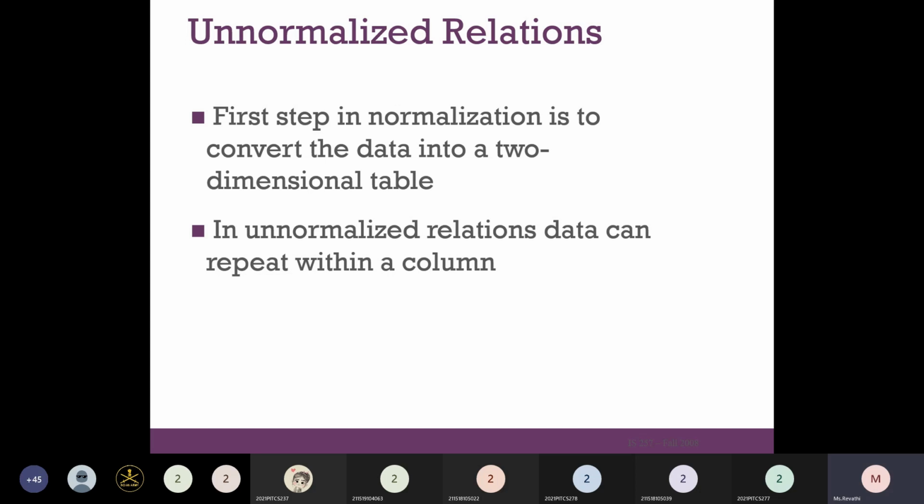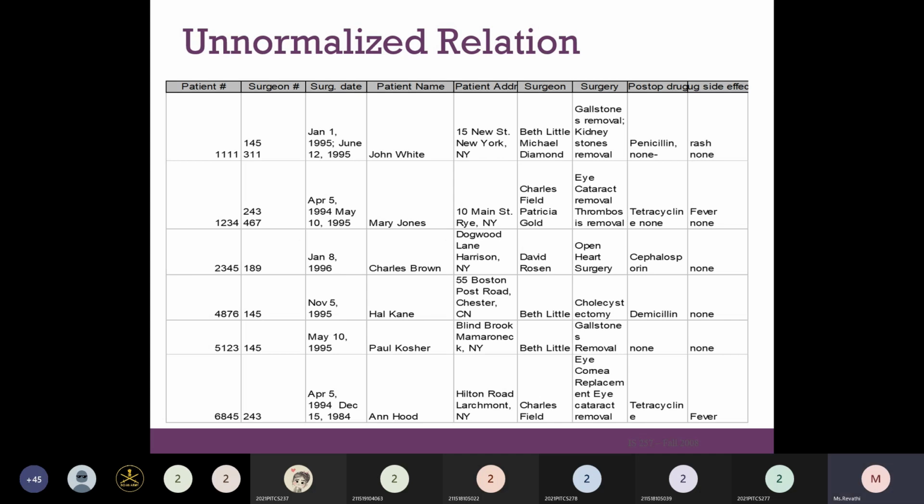Here comes the example. This is a hospital management system.